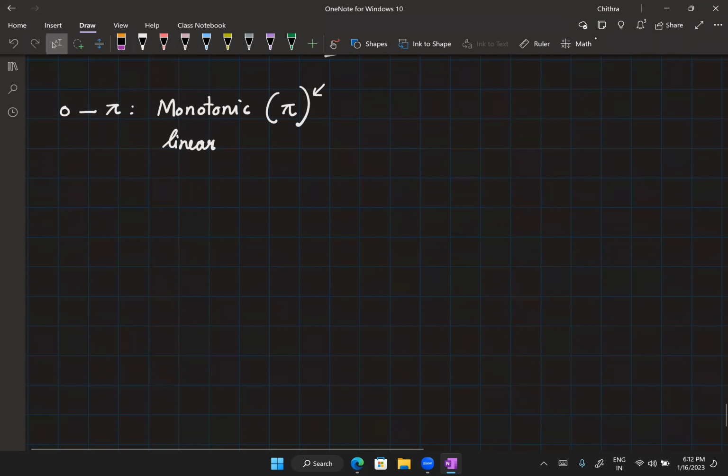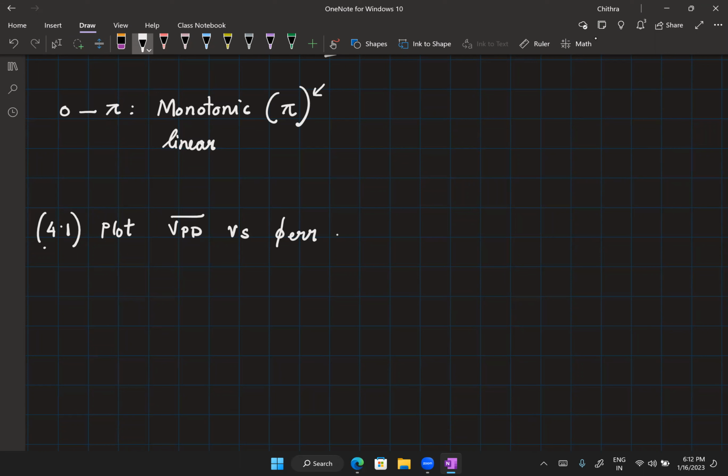Okay. So now here is one question that you can try out. So this is a homework. You can try it out later. So plot VPD average versus phase error when both inputs have pulse width equal to T0 by 4 for an XOR based PD.